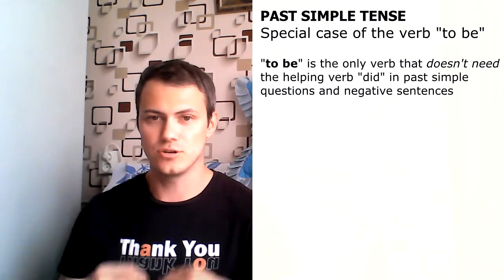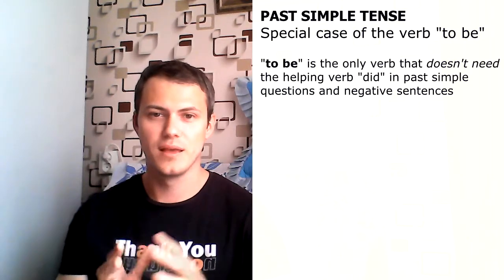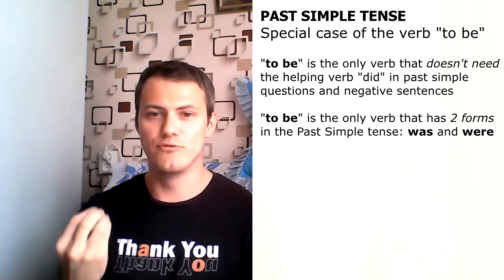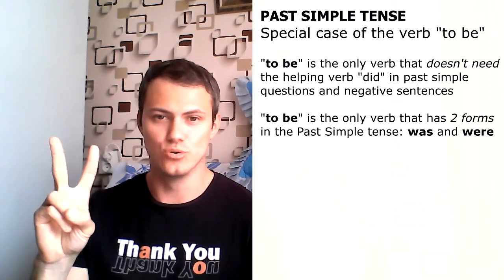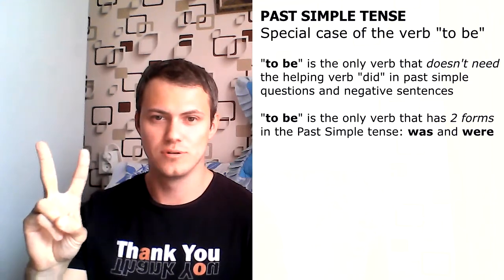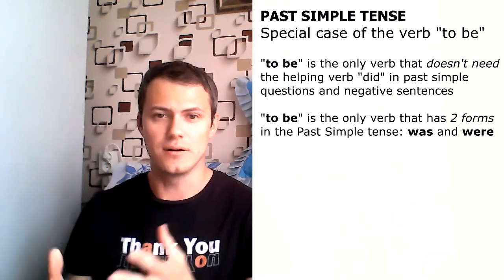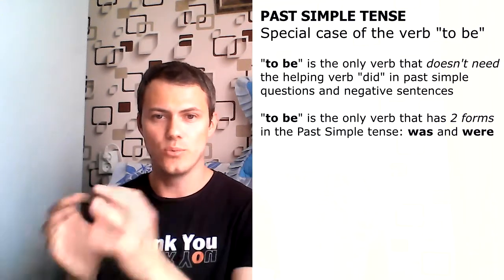And also, and this is a very important thing, guys, the verb to be is the only verb that has two forms in the past simple tense. So these are was and were.